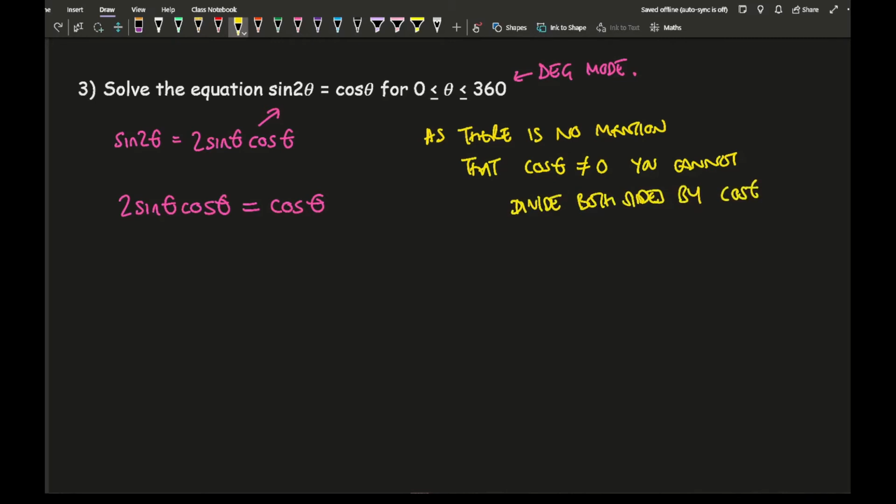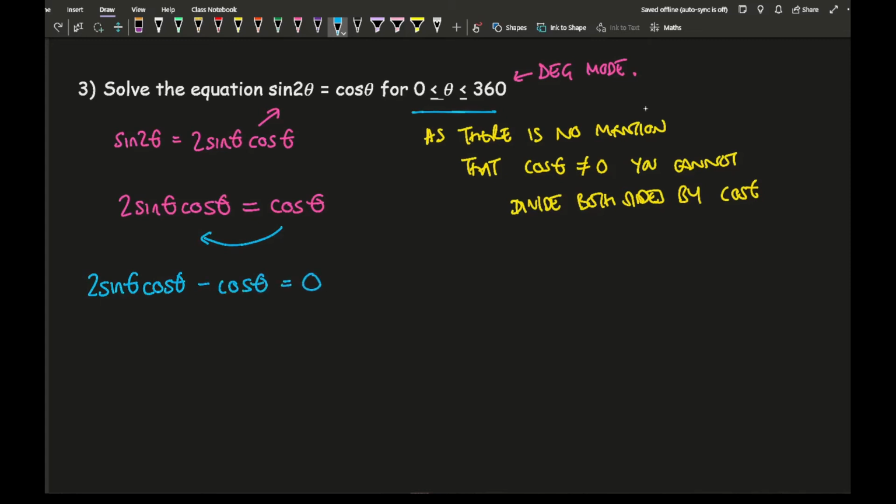It would be very tempting to think, oh right, there's cos on both sides, let's divide both sides by cos so they cancel out. But unfortunately we can't do that, because cos theta can equal 0 in the range we've been given. So what we'll do instead is take this cos theta over to the other side.